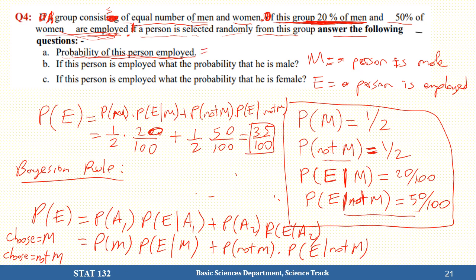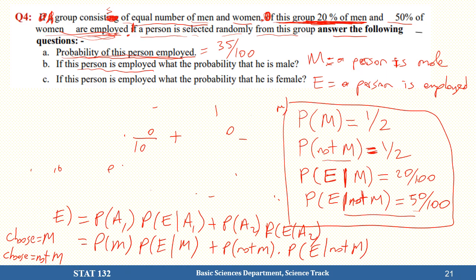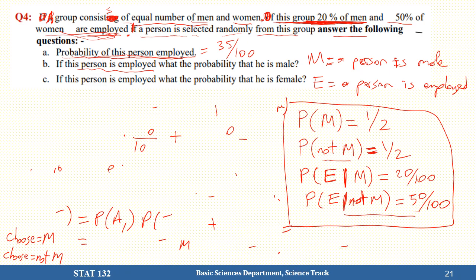So when you choose a person, with 35% chance he is employed. Okay, if this person is employed, what is the probability that he is male? So I will not erase this part, the information given in the question, because I will use them again.